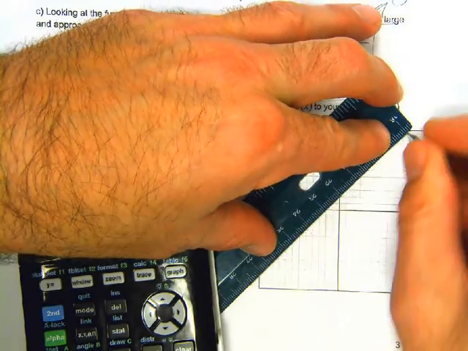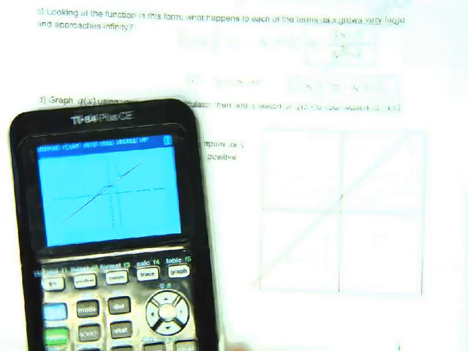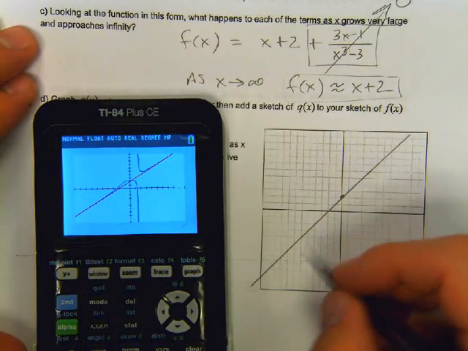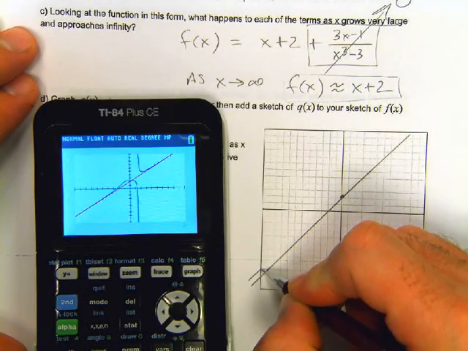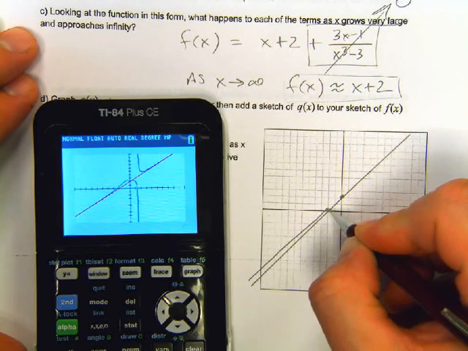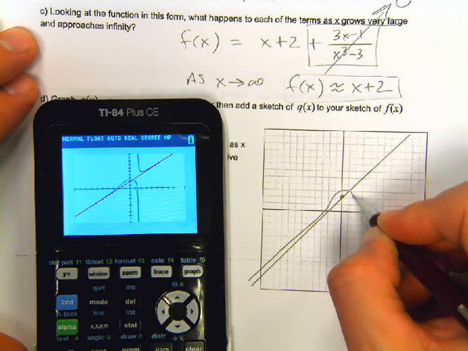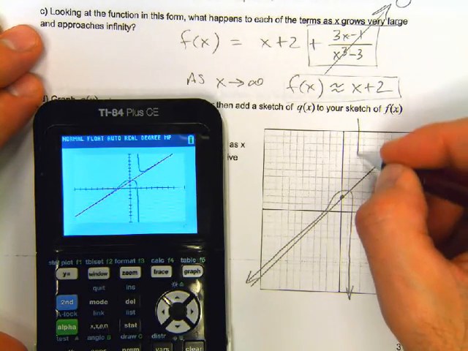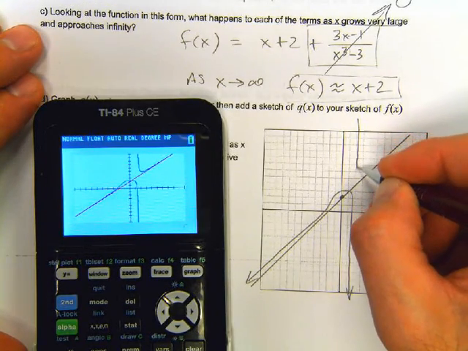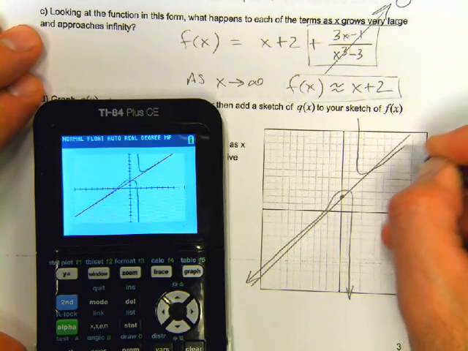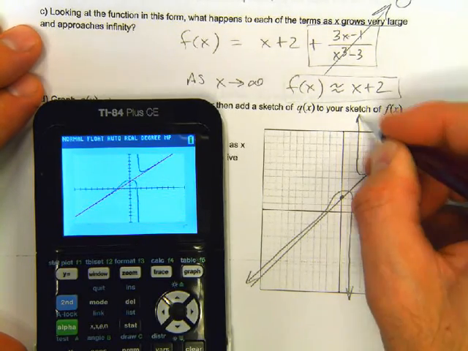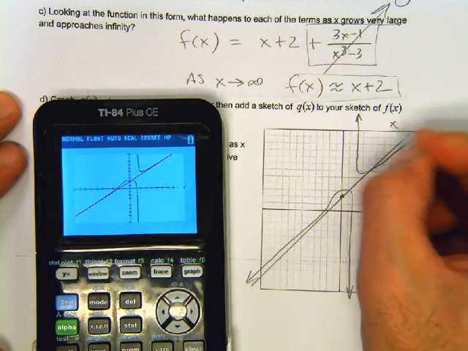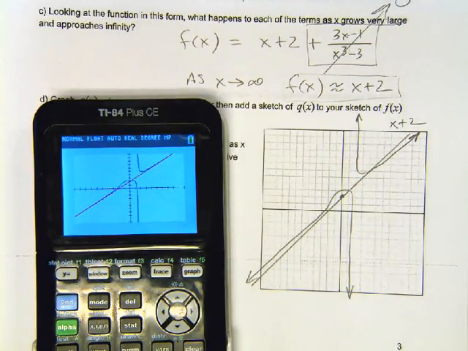And there it is. The asymptote is x plus 2.